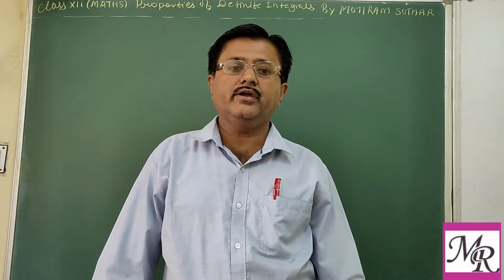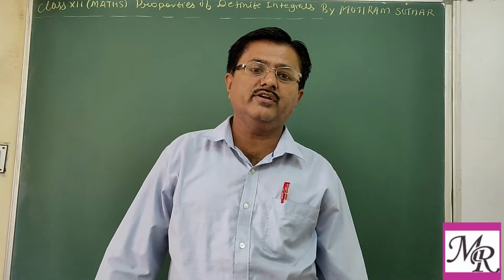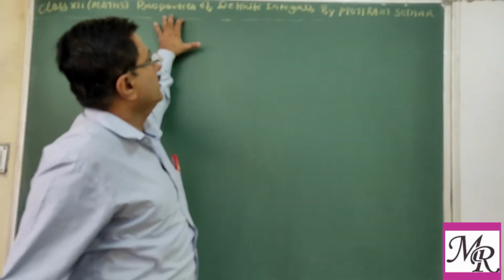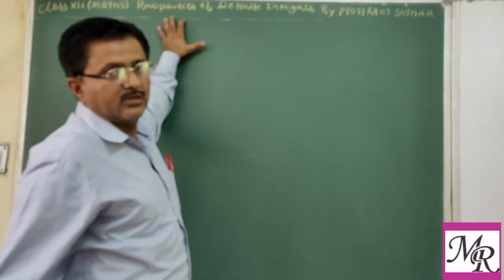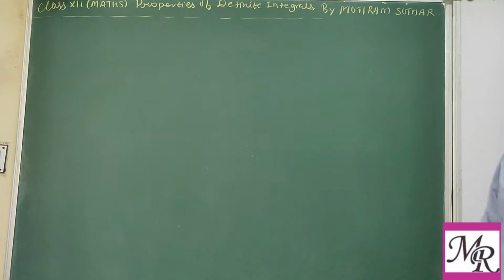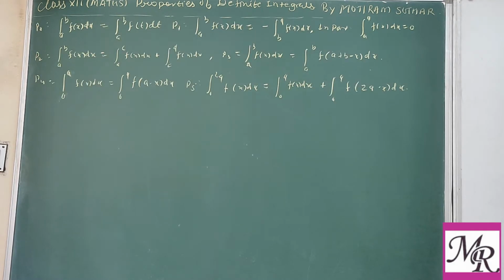So today, in continuation of the definite integral, we discuss the properties of the definite integral. There are some properties of the definite integral by which we can solve it easily.